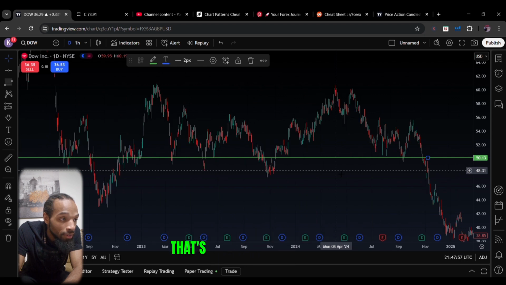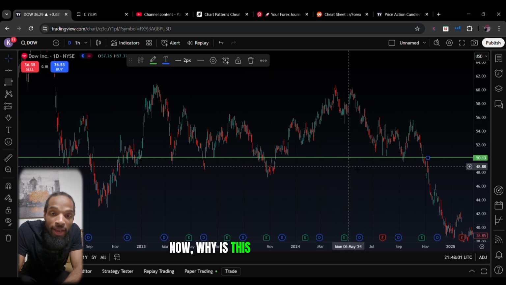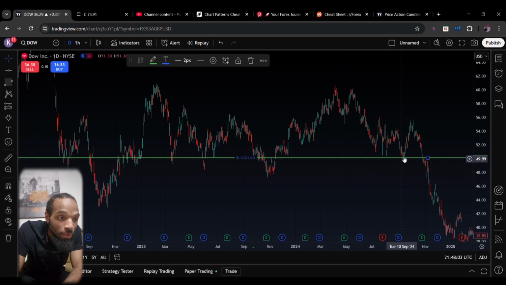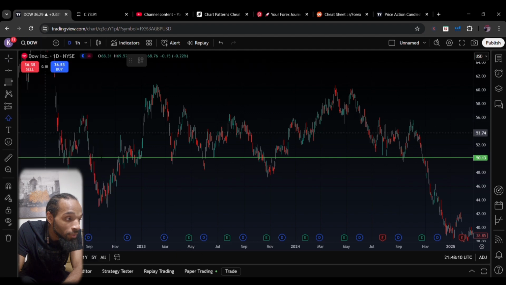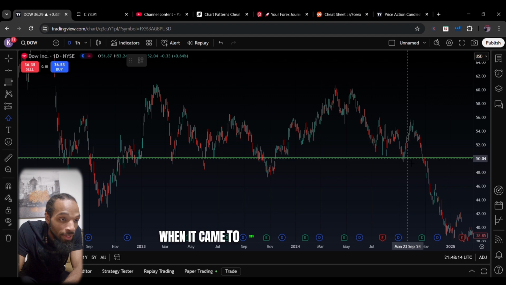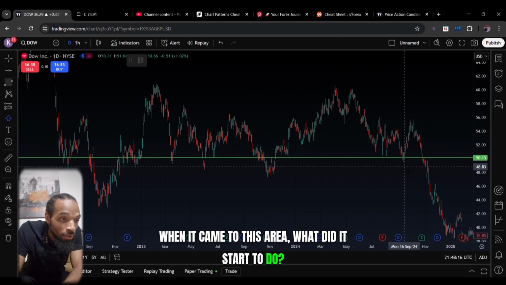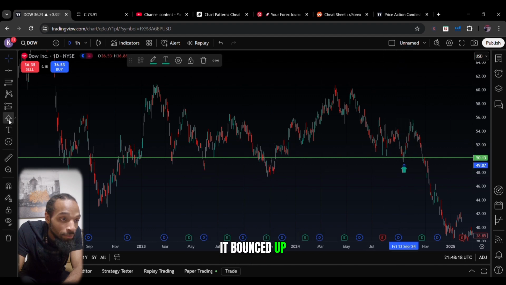All right, that's actually pretty accurate. Now, why is this a support level? When it came to this area, let me help y'all some more. I'm going to make some arrows so y'all can see better. When it came to this area, what did it start to do? Boom, it bounced up.